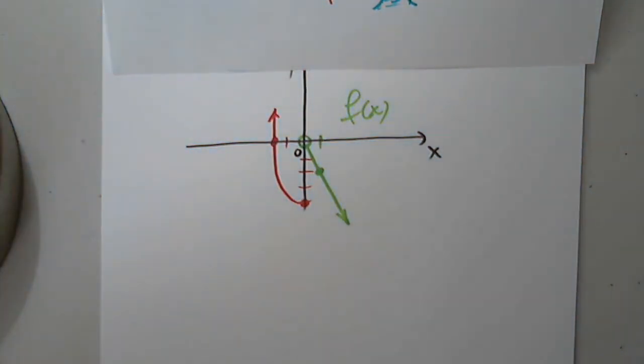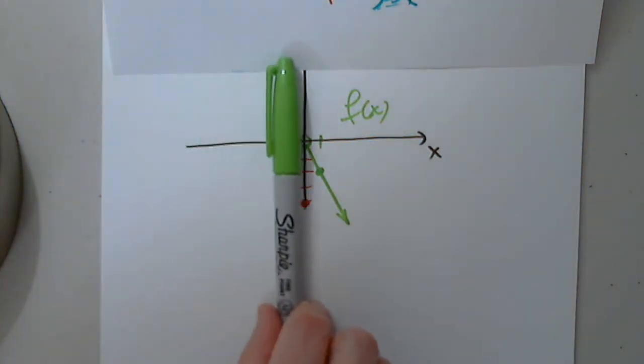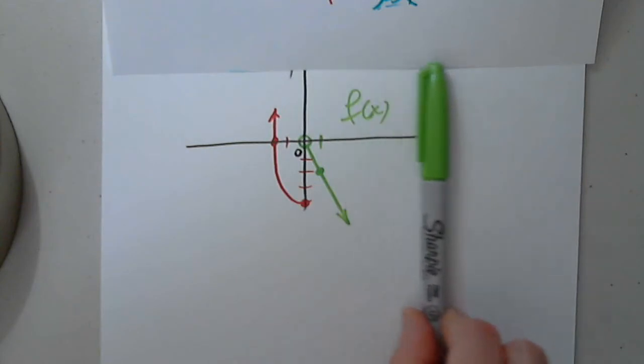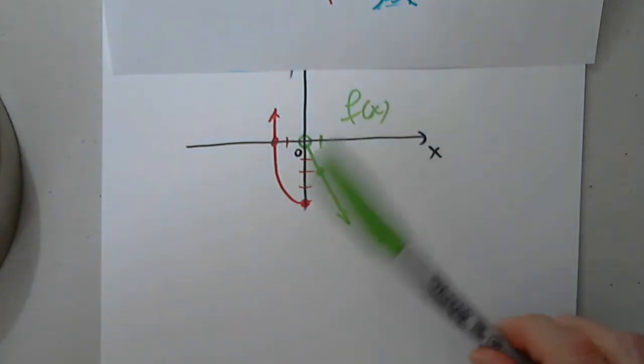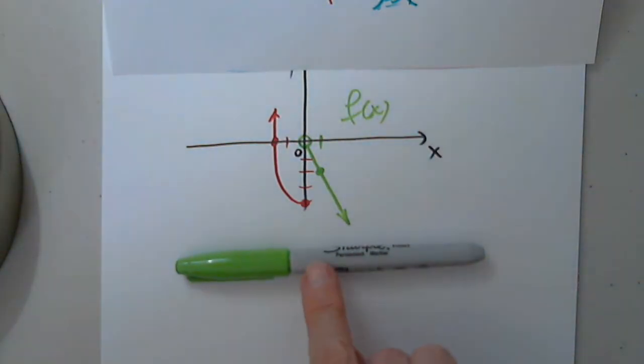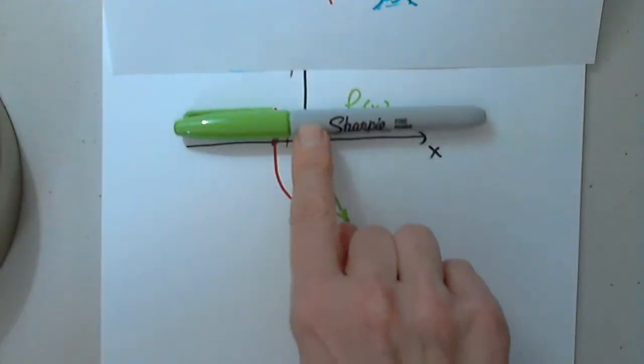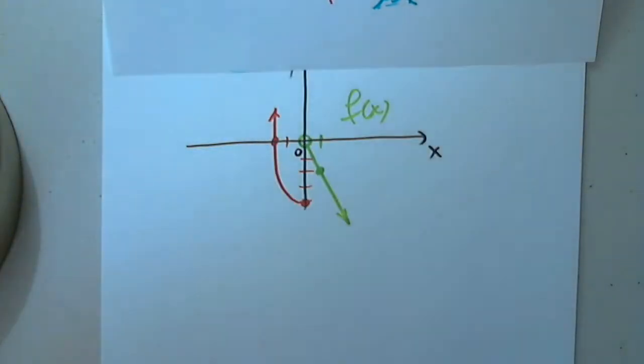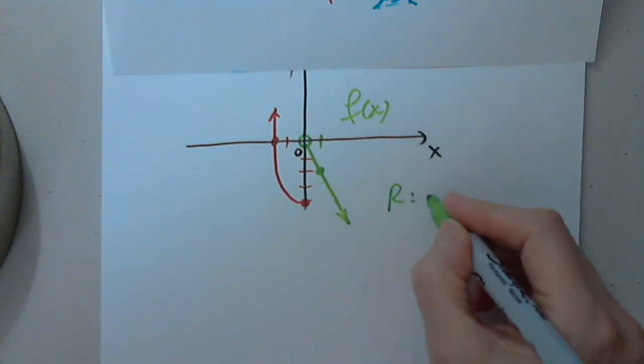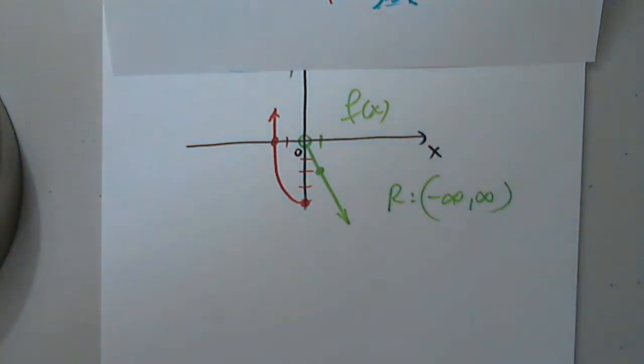Okay? So that's why I use two different colors. Where red ends, green starts. And the range is determined from the lowest y value till the largest y value. So in this case, the range is negative infinity to infinity.